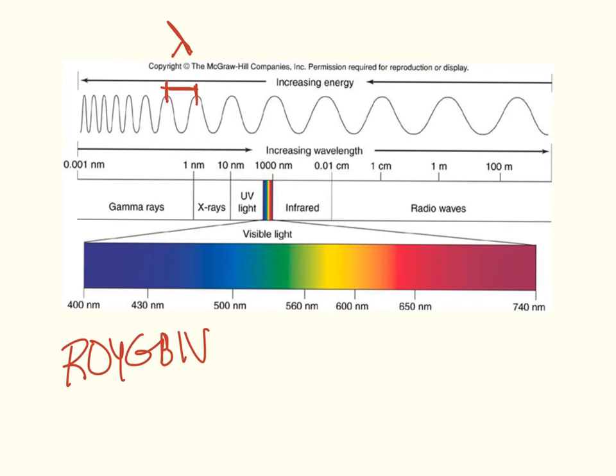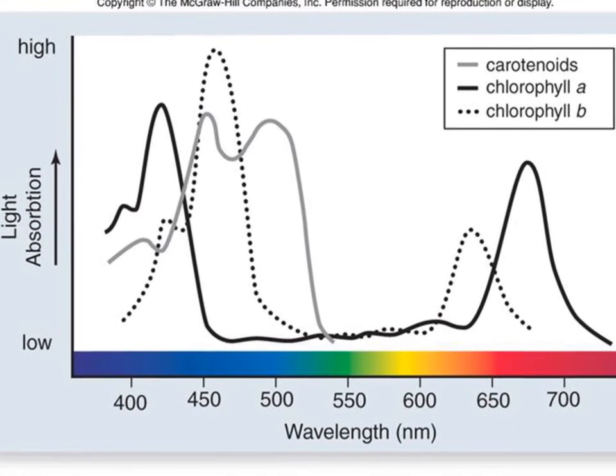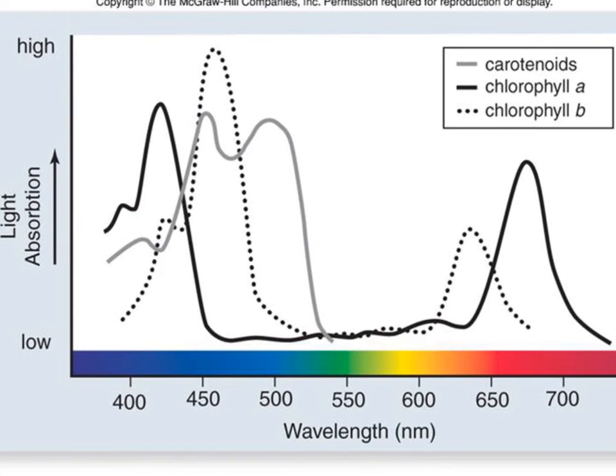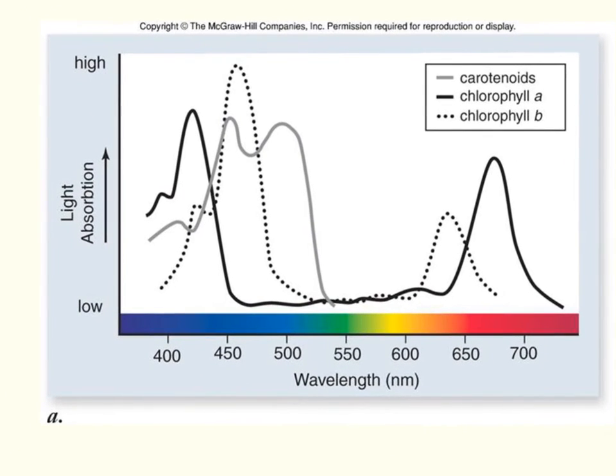The pigments in the thylakoid membrane are able to absorb some of that light energy, but not all of it. And we can look at the spectrum of absorption for the pigments in a leaf. This graph shows 3 pigments found in a leaf and their absorption spectrum, what photons of light they absorb and what they don't.